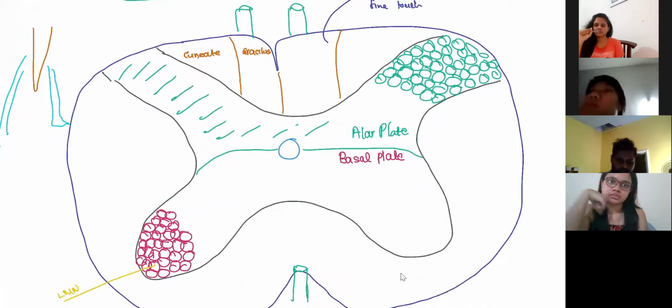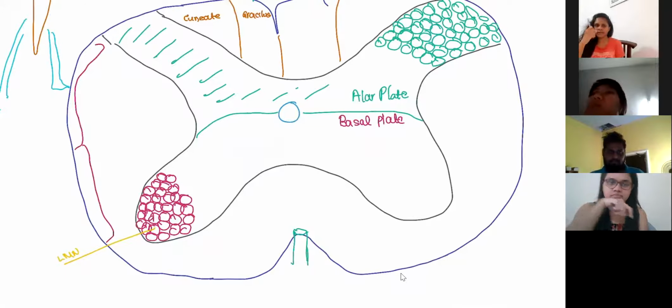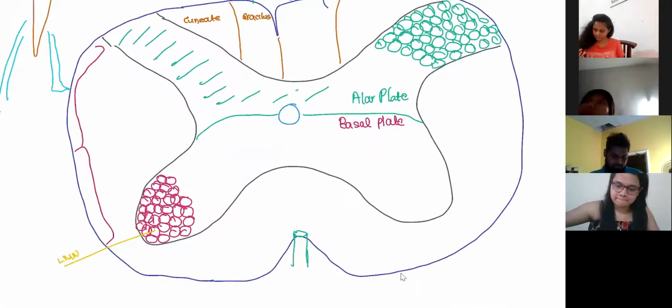Now, in addition to that, we have our spinocerebellar pathways. There are two tracts. I went into detail during the previous lecture on the spinal cord, actually the first lecture, but it receives signals.